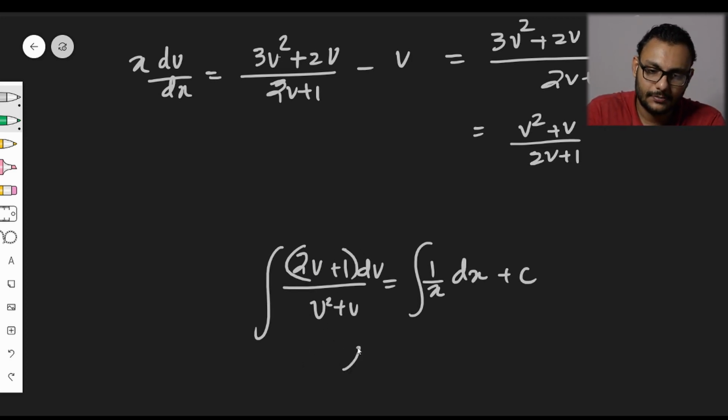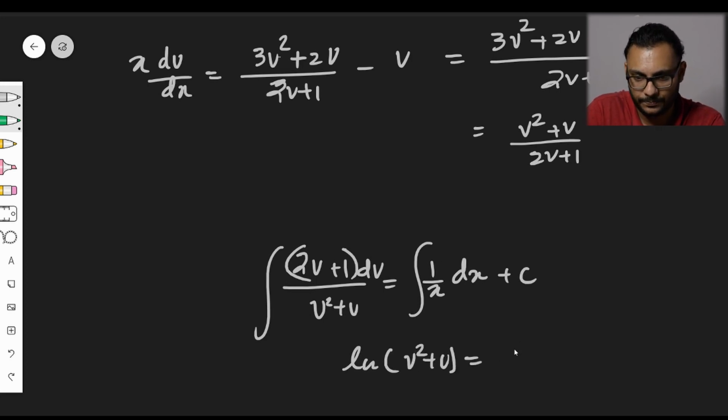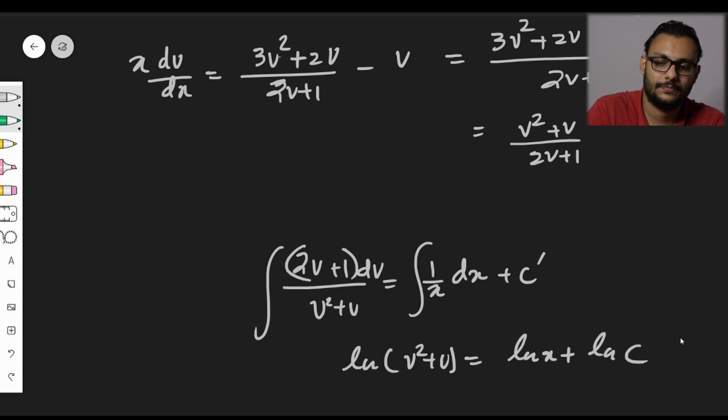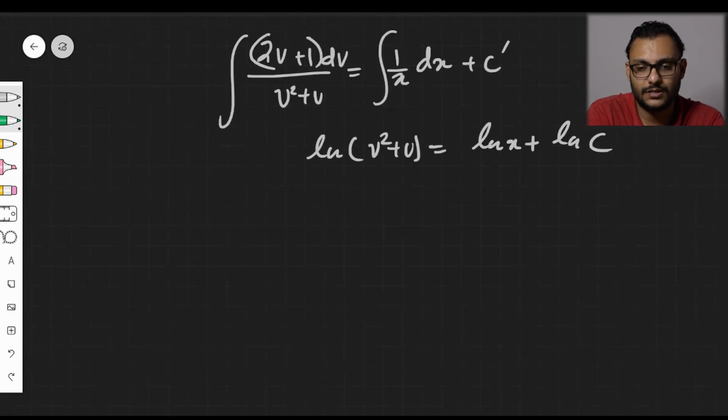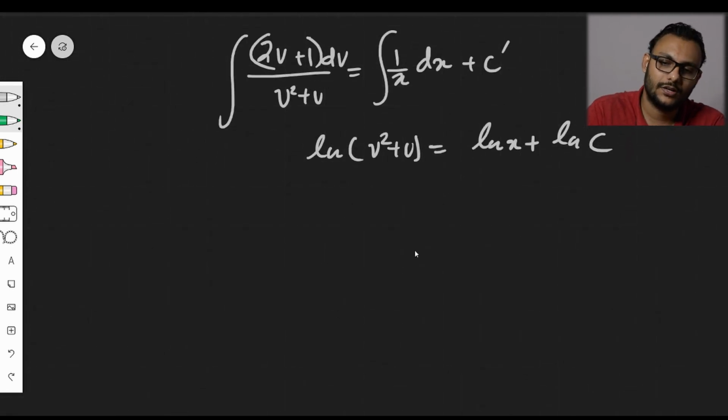We get log of v square plus v is equal to log x plus c dash, the integration constant, and I am substituting this for log c. Since c dash is a constant, log c is also a constant.